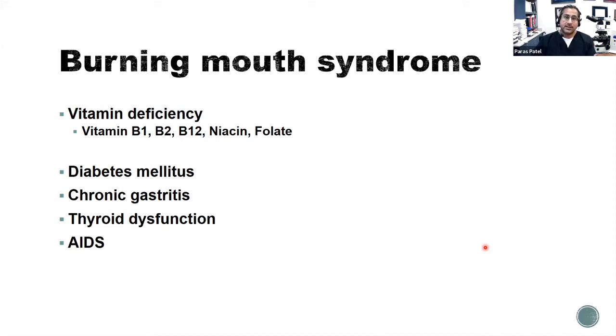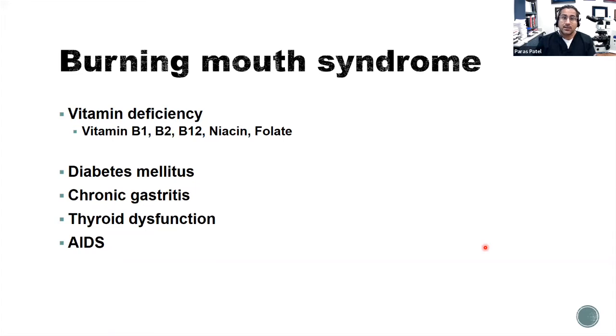Vitamin and mineral deficiency can result in burning in the absence of other clinical manifestations. So that's one of the first things I do in patients who have these sorts of complaints, is to see if there's any deficiency in certain vitamins. Diabetes is an underlying systemic disease that can result in burning mouth, amongst other findings.